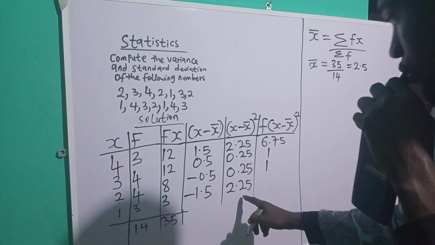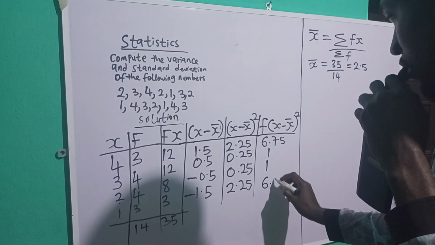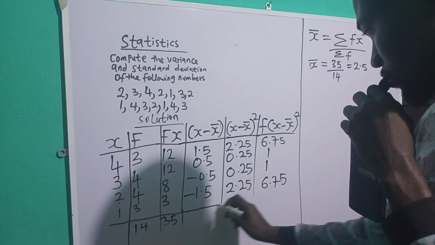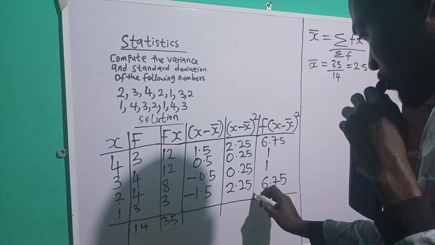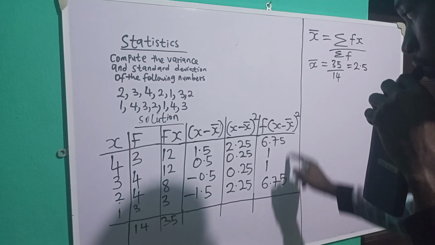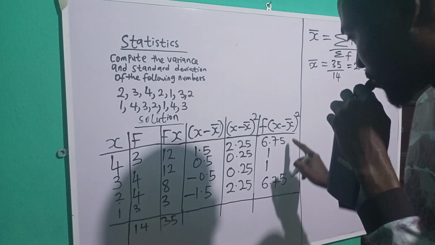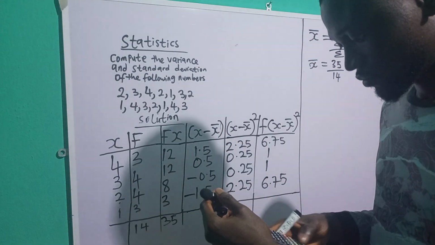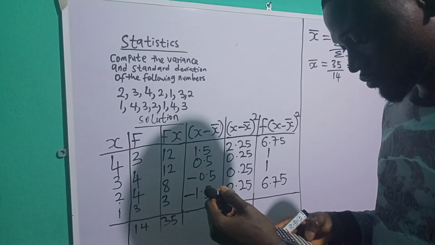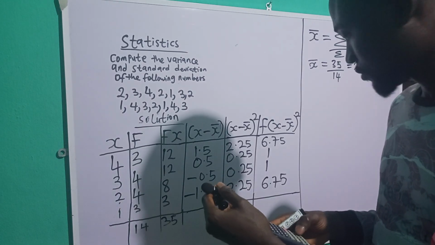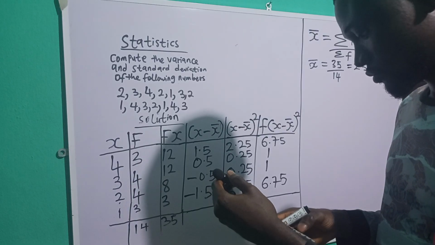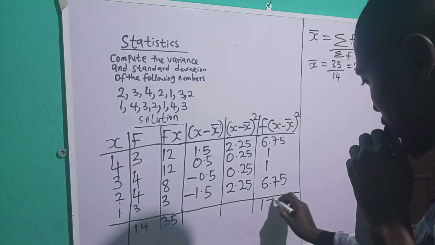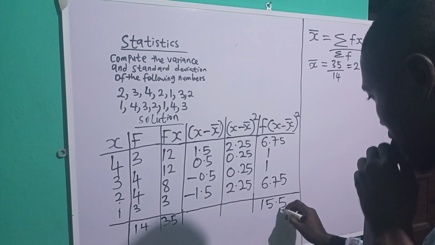Then 3 times 2.25 will still give me 6.75. So all the numbers I have here, I'll add everything up. This will give me 15.5. If I add all the numbers here, I will get 15.5 on this side.